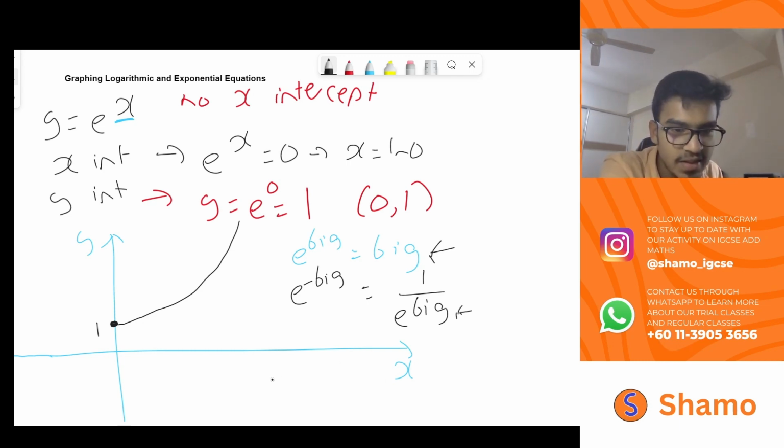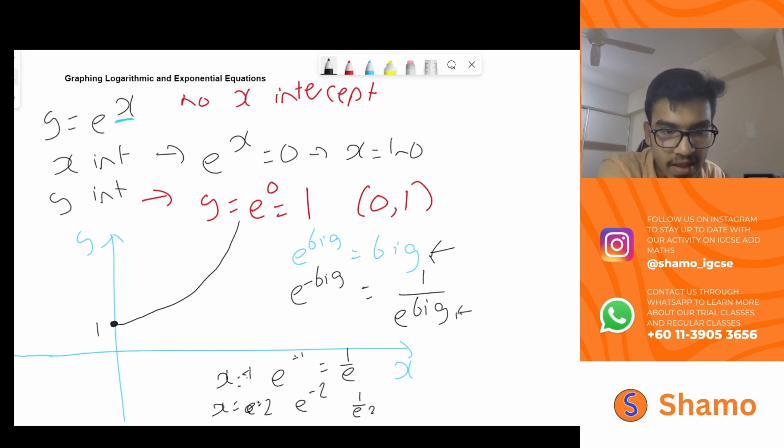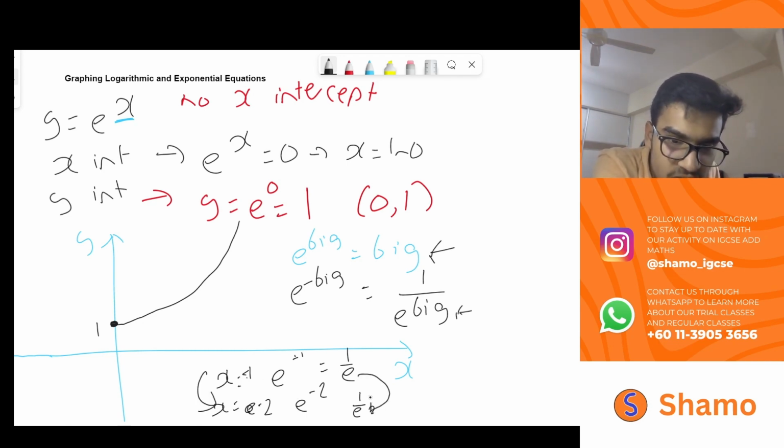Let's take an example, okay? Suppose x is equal to -1. So you have e power -1, which is equal to 1 over e. Not bad. x equals -2, you have e power -2, which is 1 over e to the power 2. As x became more negative, it went from -1 to -2, e became e square.